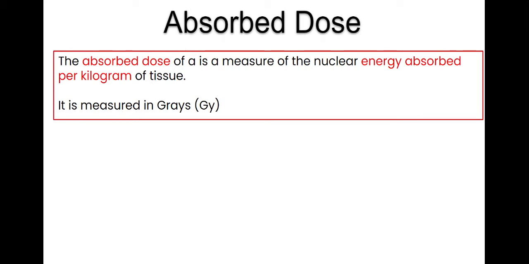The next quantity that we have to deal with is what's called absorbed dose, and that has to do with living tissue absorbing radiation. So, the definition of absorbed dose is a measure of the nuclear energy absorbed per kilogram of tissue. It's measured in grays, or joules per second.